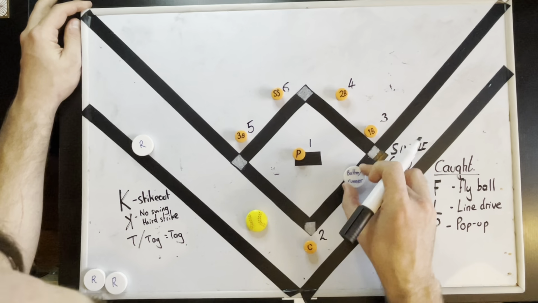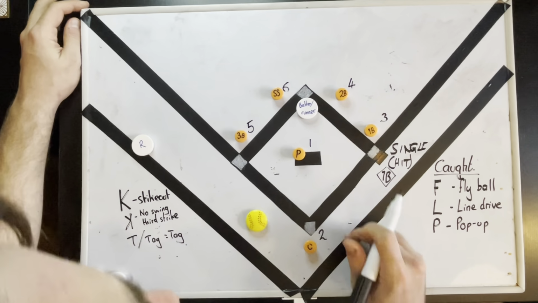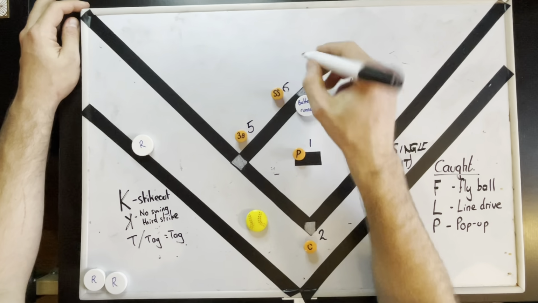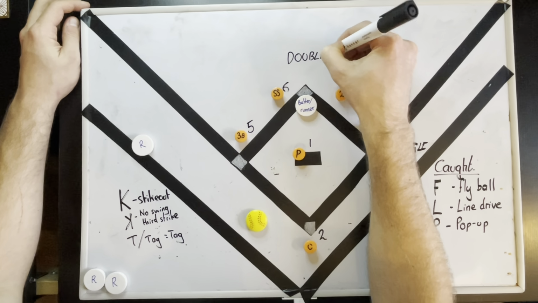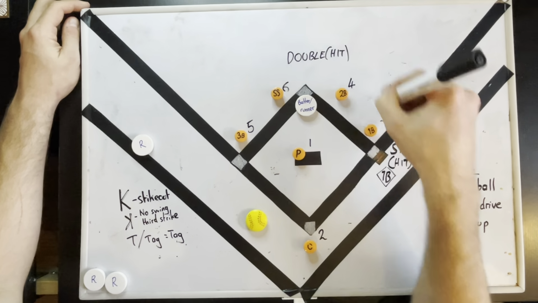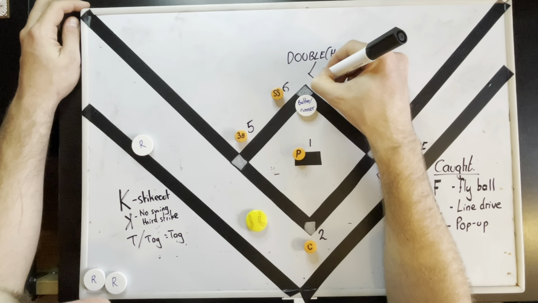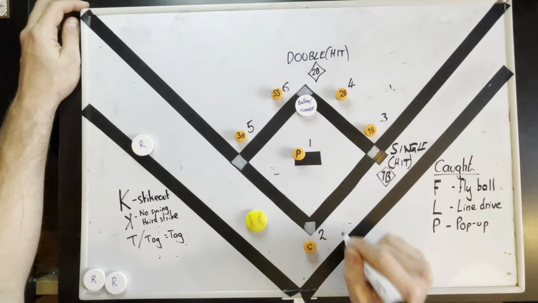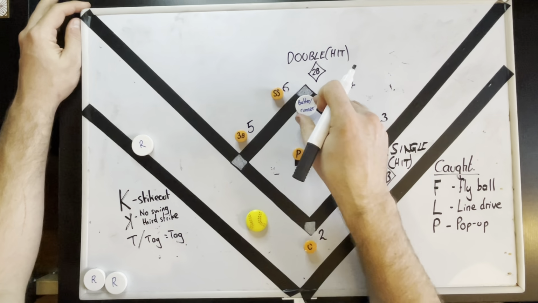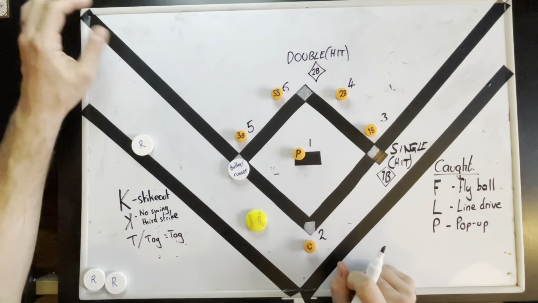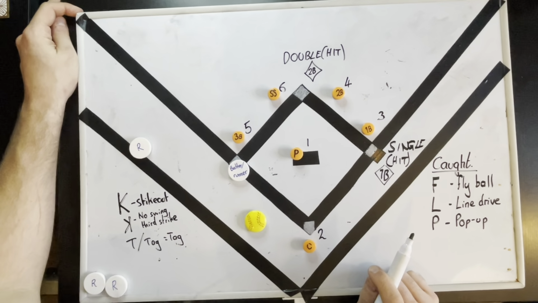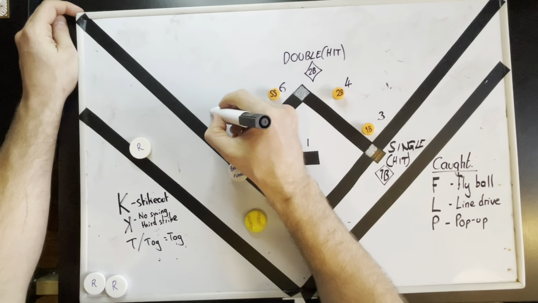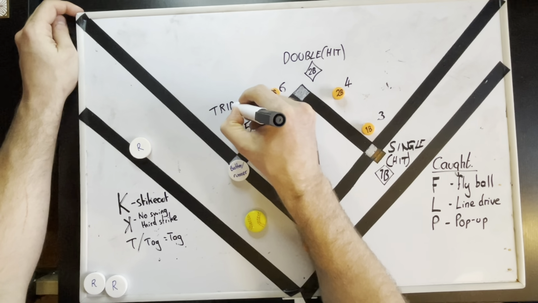If you manage to hit the ball and you make it all the way round to second base, then you are credited with what's called a double. And that also classes as a hit, and I'll explain why I'm putting hit here. And in the scorer's box, you might see it written as a 2B. If you are lucky enough and fast enough to get all the way around to third base, then you will be credited with what's called a triple.